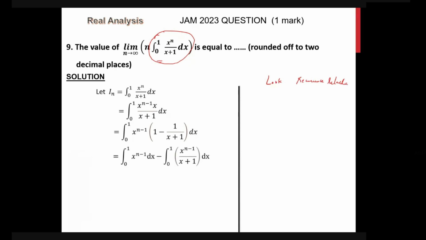So that is I_n equal to integral 0 to 1 of x raised to n minus 1 dx minus integral of x raised to n minus 1 by (x plus 1). Now why am I doing this? Because I want to get here I_{n minus 1}. So I got I_n equal to something minus I_{n minus 1}.